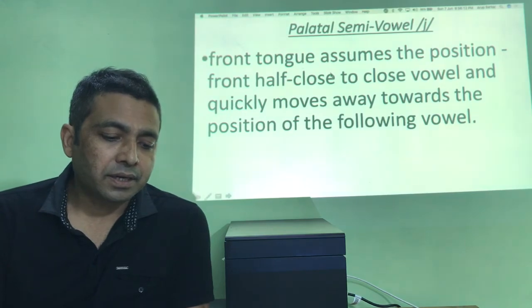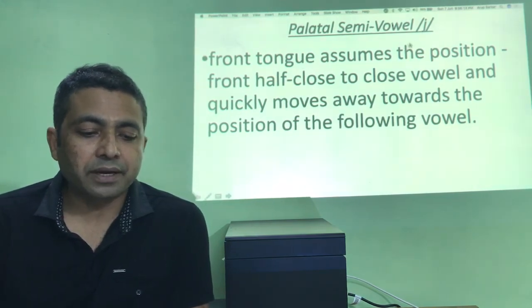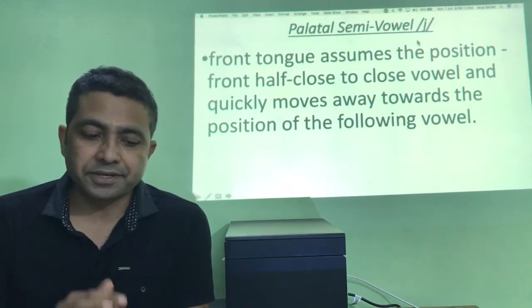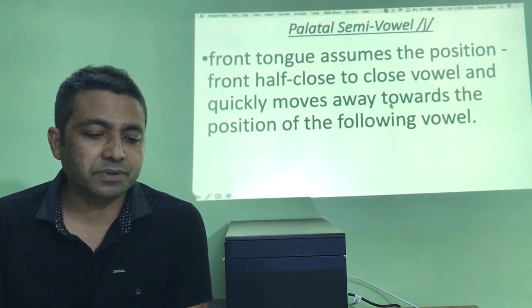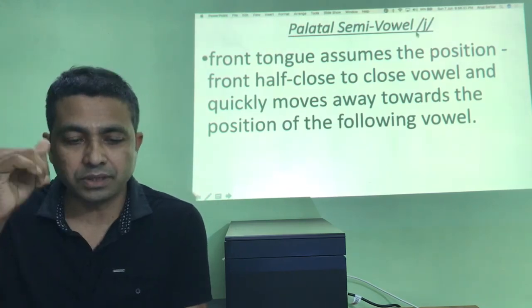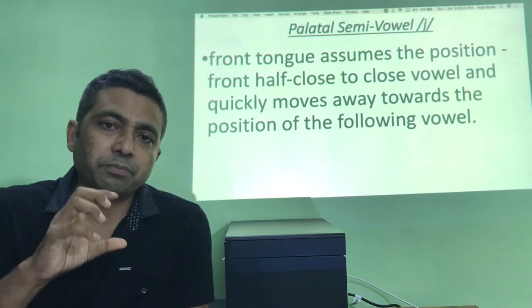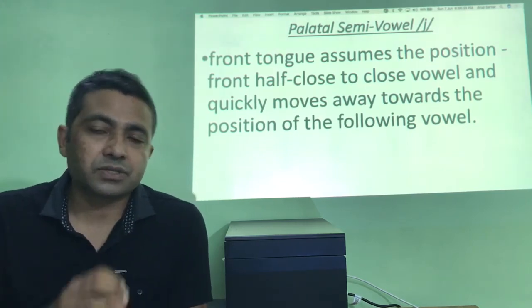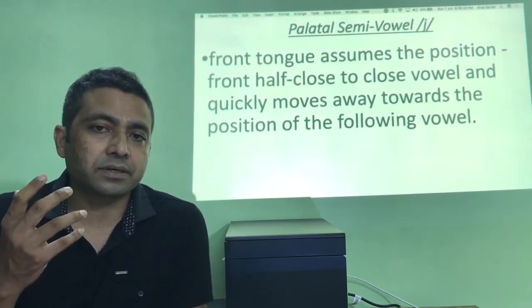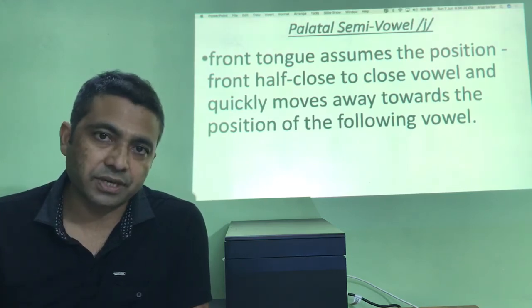It is like a diphthong, it is also a vowel glide, you can say, but it glides from one position to another position, E position to A position. But the movement is so quick that it is considered a consonant sound.